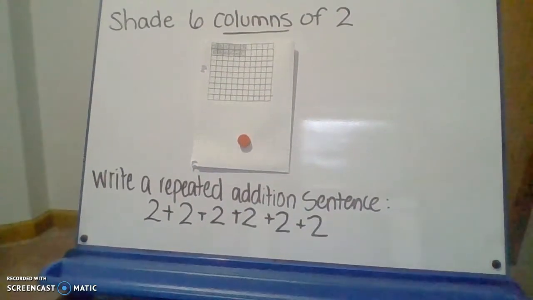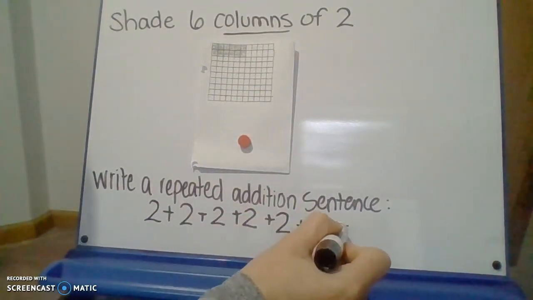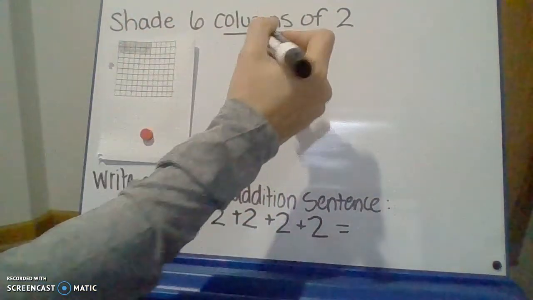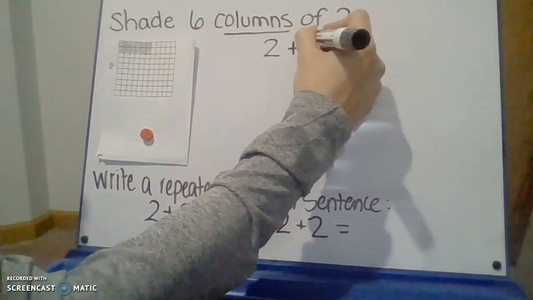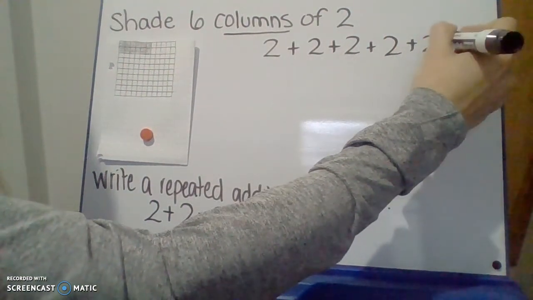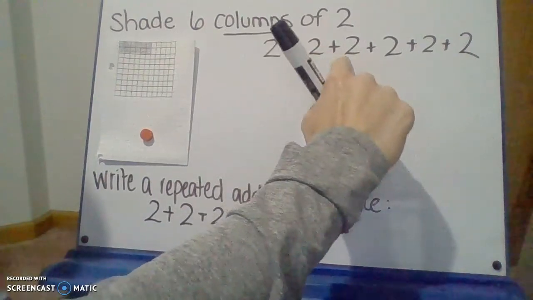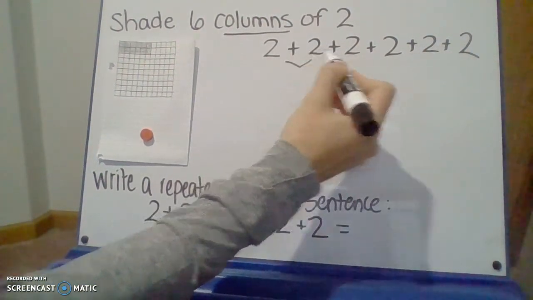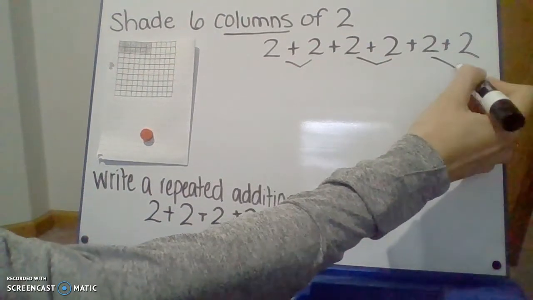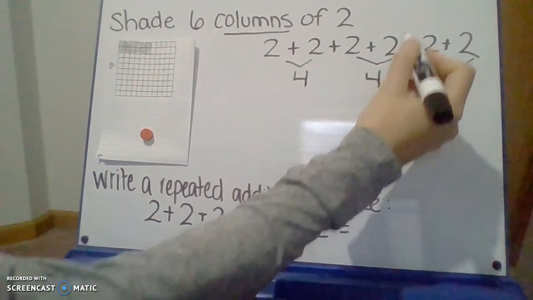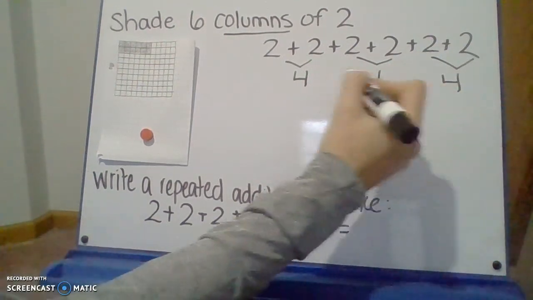So you can see. And then you add. So actually, let me move this over so we can add. I know you can skip count, but 1, 2, 3, 4, 5, 6. So I just brought it up top because now you can combine them. So doubles can go together. So 2 plus 2 is 4. 2 plus 2 is 4. 2 plus 2 is 4.